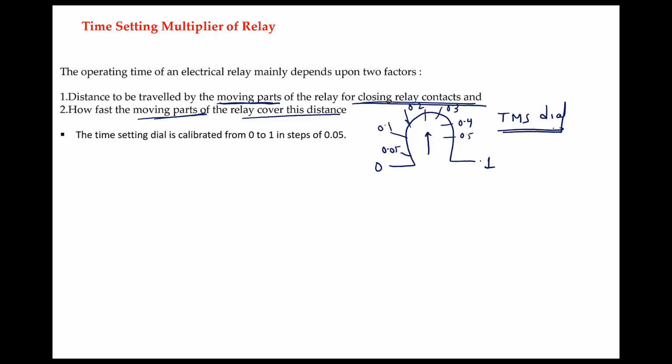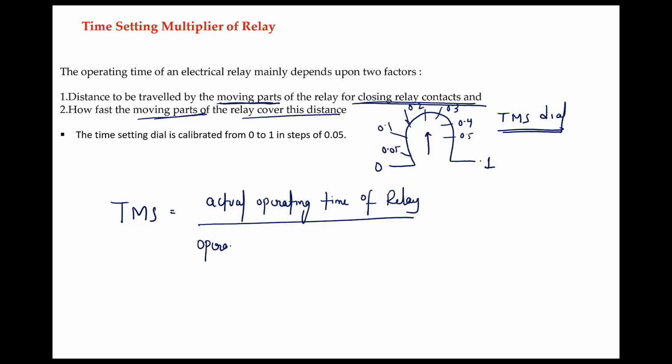Okay. TMS is usually defined as actual operating time of the relay divided by operating time obtained from the curve.